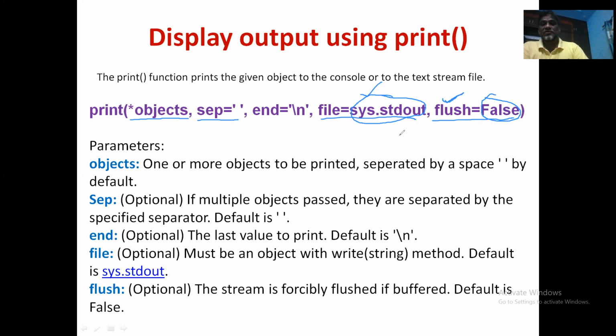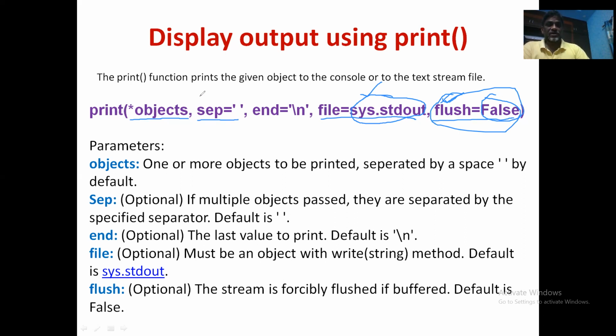So if any buffered value is available, then the output that we want to display onto the screen may be disturbed. So it is always better to flush it out. Any output that is buffered can be flushed by using flush is equal to true. By default it is false. If you want to flush the buffers, then use true here. Okay, so this is about the print function.